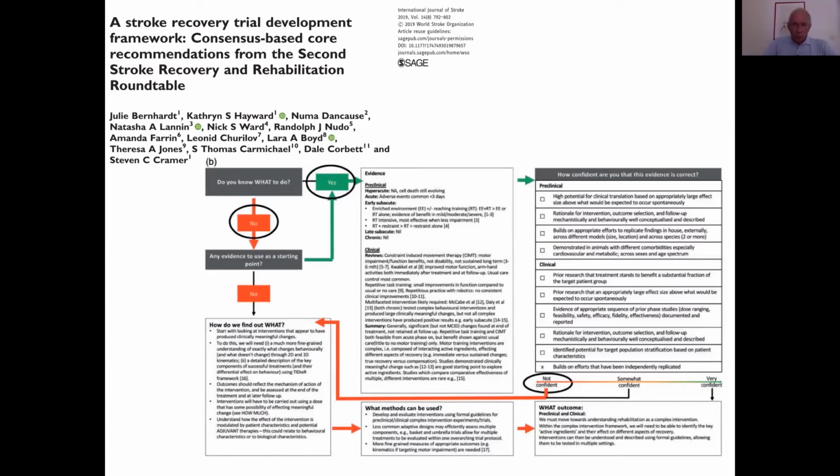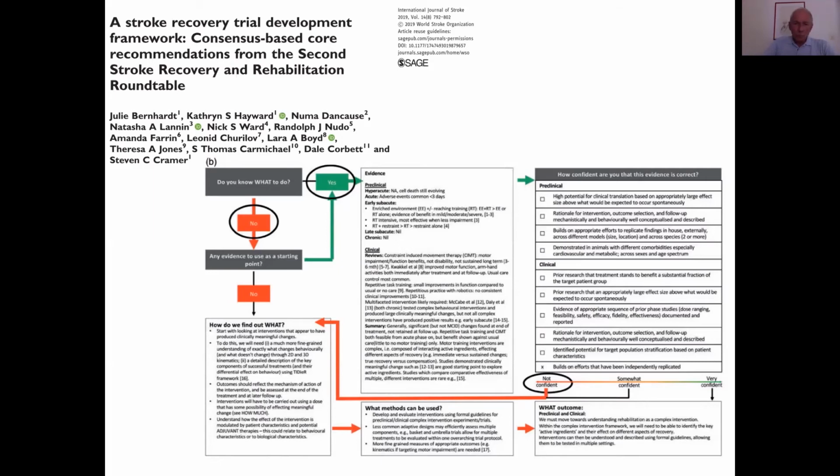According to the drugs or intervention, the trial can start from each different phase. Therefore, in neurorehabilitation research, it is recommended to follow some kind of trial development framework.